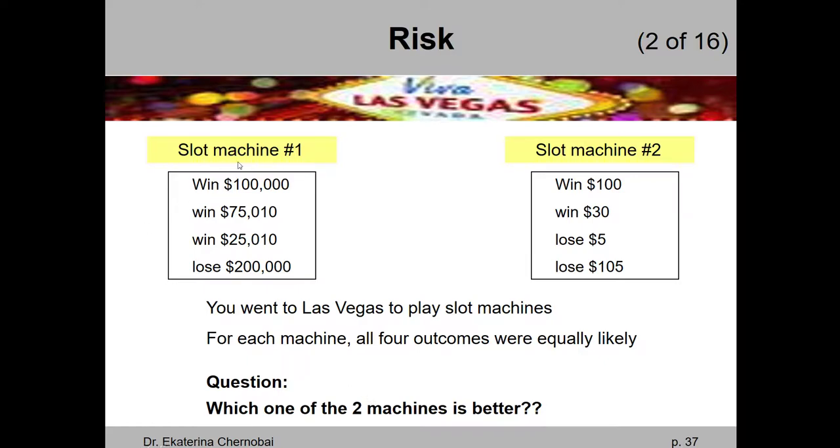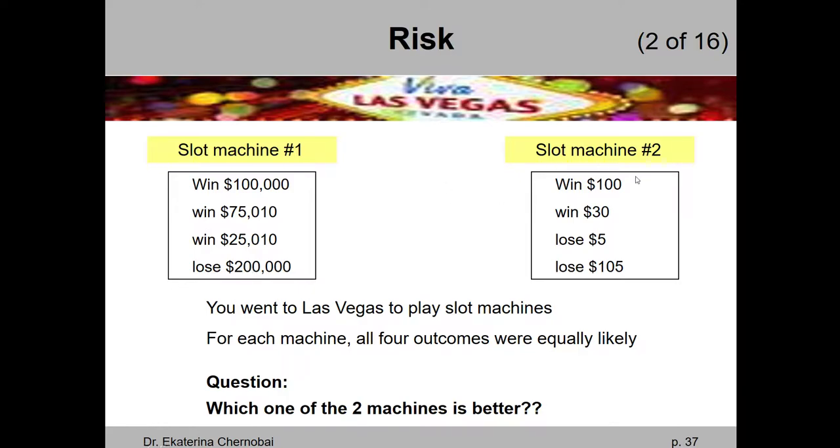Let's say if you play machine number 1, these are the 4 possible outcomes, and they're equally likely. They're kind of randomly repeated, right? Over and over as you play the machine. You can win $100,000 or $75,010 or $25,010, or you can lose $200,000.